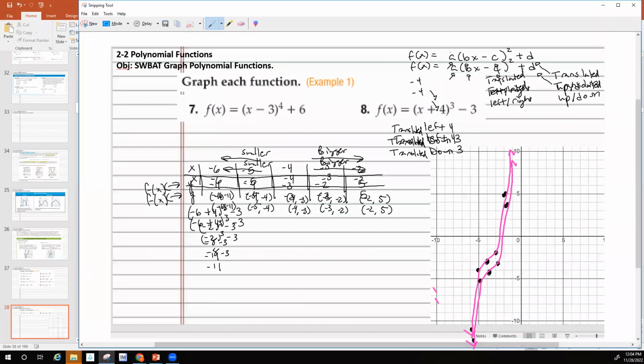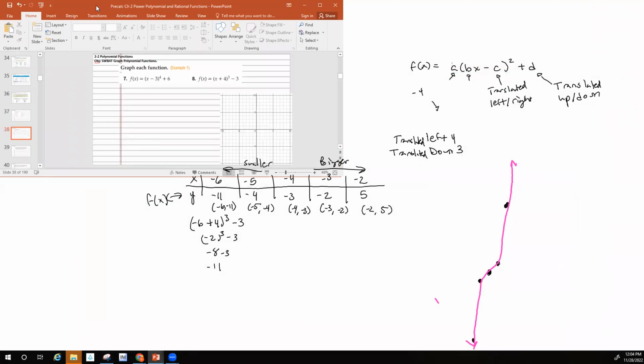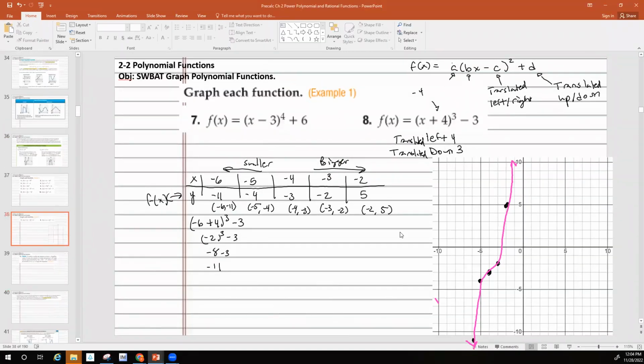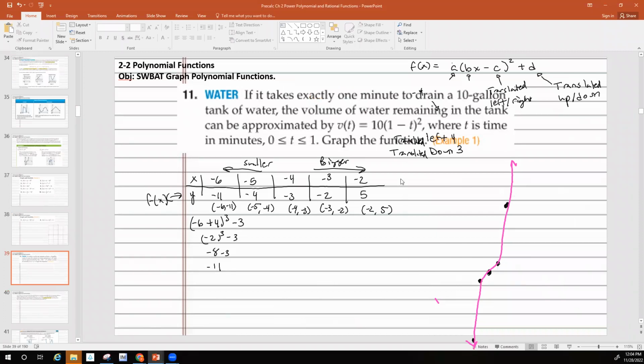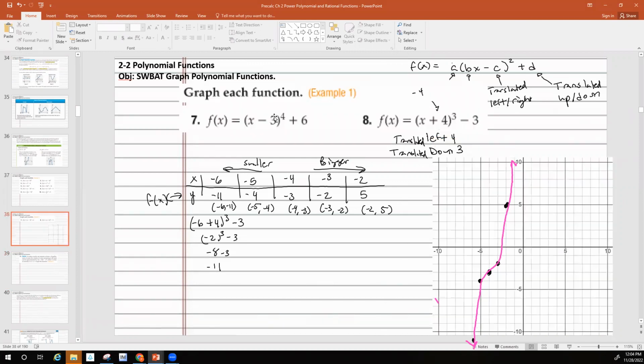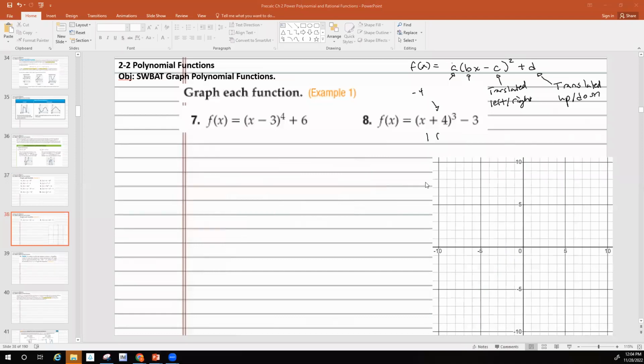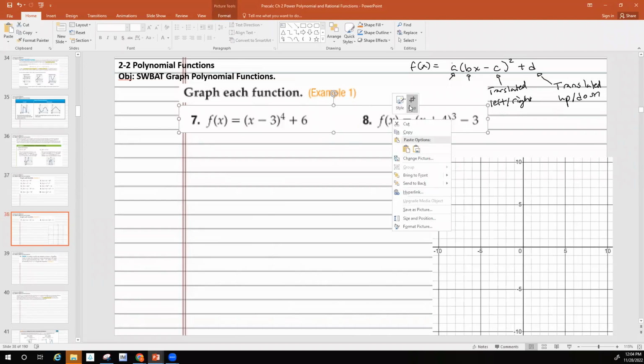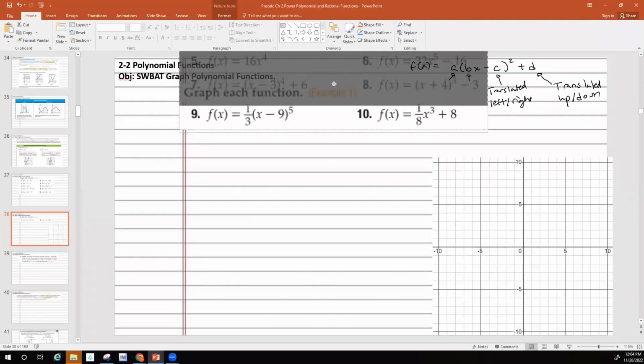I believe we're going to do 10. Let's look at 10.